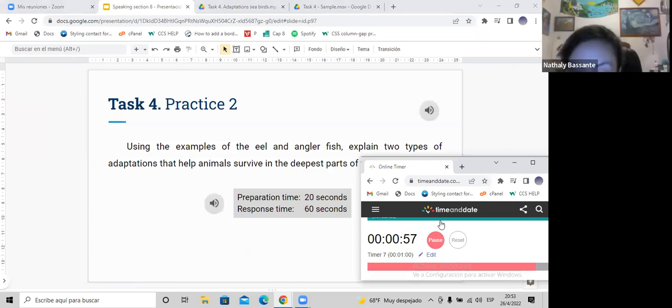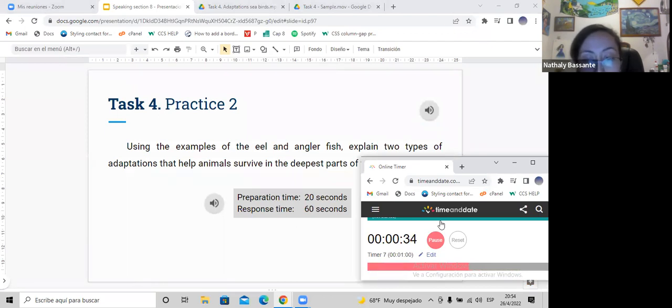The lecture discusses how animals survive in the deepest part of the ocean. First, the professor explained that eel and eaglefish make them a big mouth.